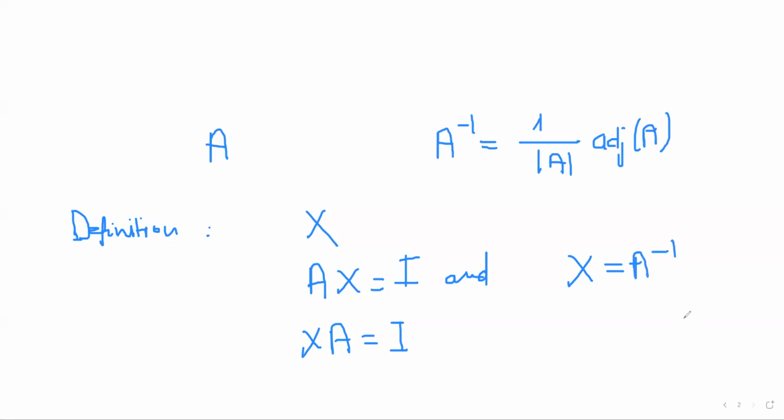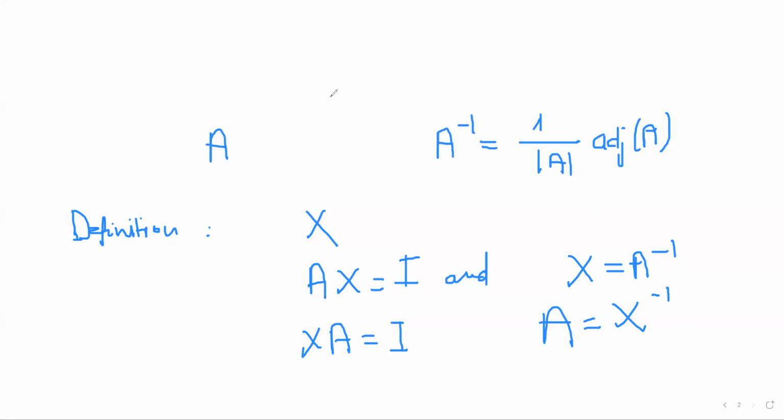In this case, A is also the inverse of X, so you can write A equals X inverse also. This is the main condition that defines a matrix to be the inverse of another matrix.